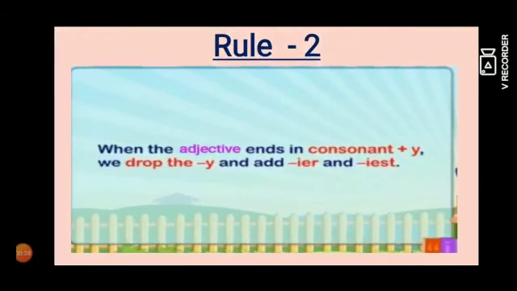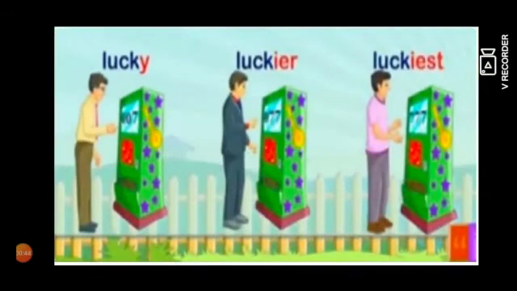Rule number 2. When the adjective ends in consonant plus y, we drop the y or we delete the y and add ier and iest to the adjective. Let's take an example. For example, here lucky is an adjective. Now, in this word, k is the consonant and it is followed by the letter y.